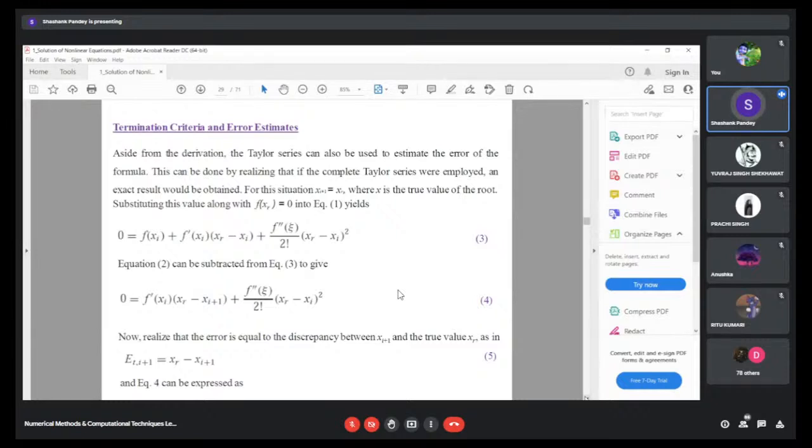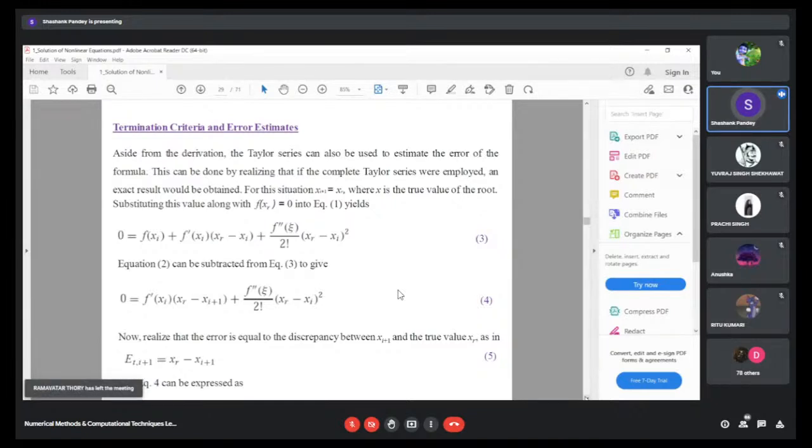Here we can notice that xr is the real root, that is the true value, and x i plus 1 is the approximate root. So error is nothing but the real value minus this approximate value.